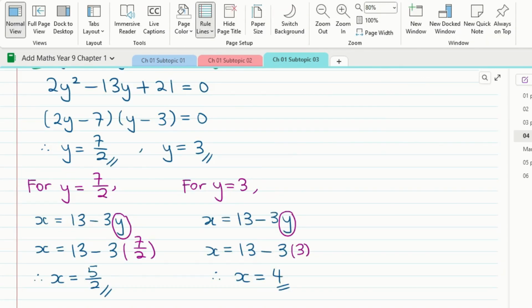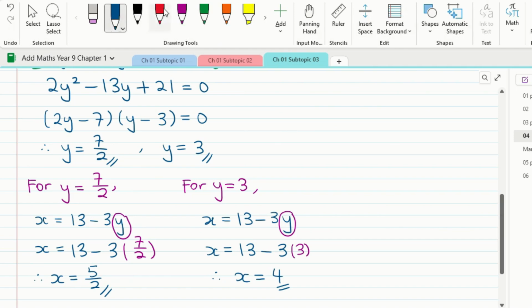Alright, now this is the full solution for this example. If you continue with the substitution, you find y. Usually I just leave y as a fraction, because 7 divided by 2 you can get 3.5, but we'll just leave this as a fraction: y equals 7 over 2, and y equals 3.